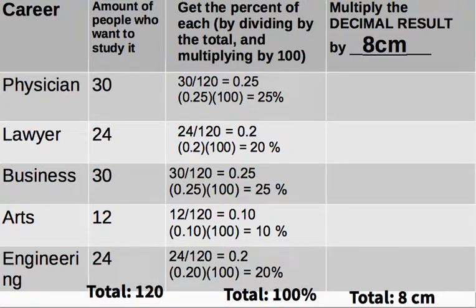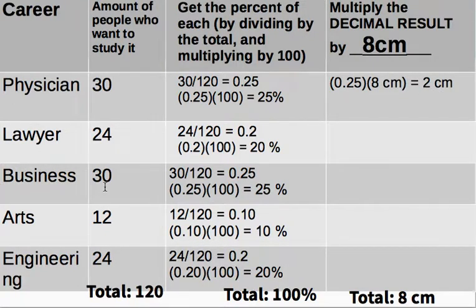Then I multiply the decimal result, which is this 0.25, not the 30, not the 25, by the length of my rectangle, which is 8 centimeters. We multiply 0.25 times 8 centimeters and I get 2 centimeters, which is 1/4 of 8 centimeters.